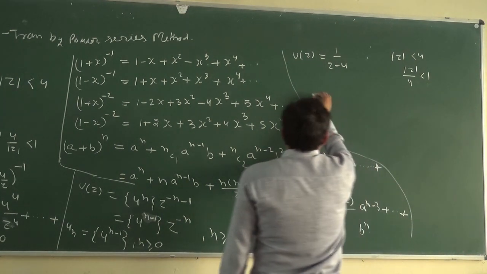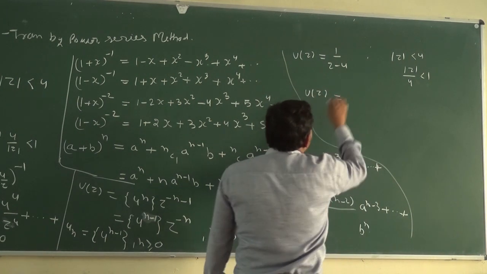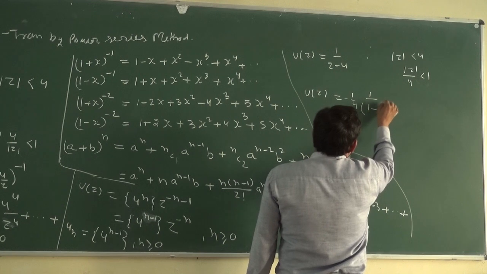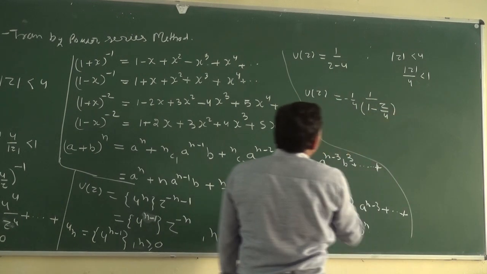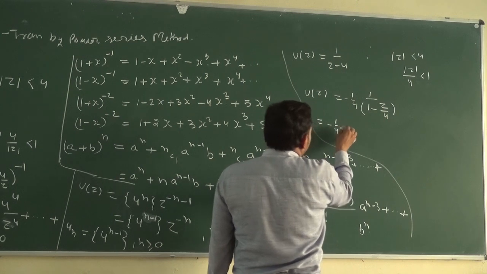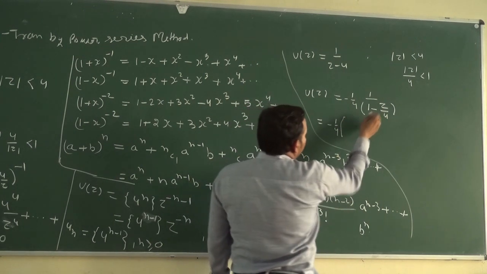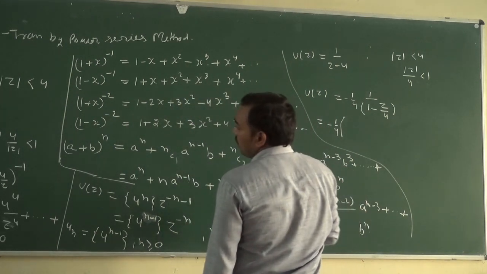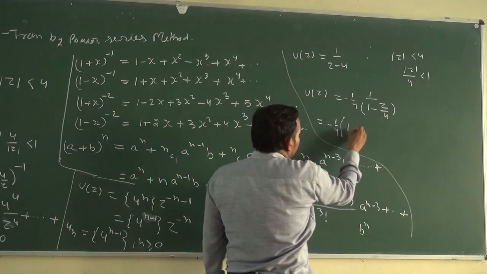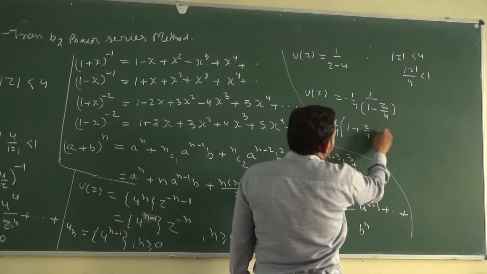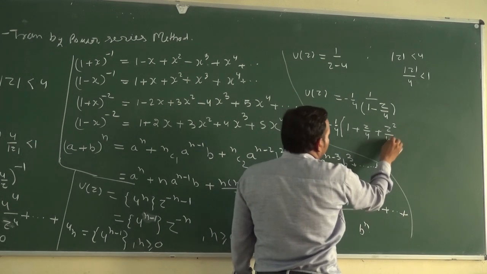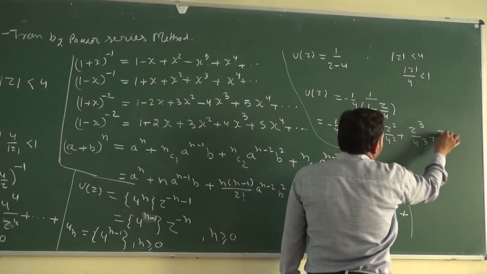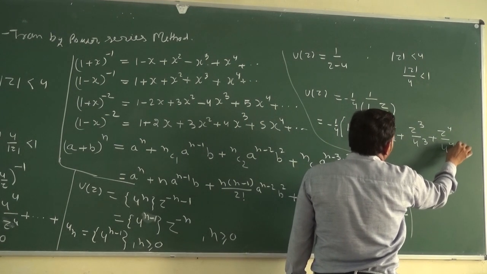So U of z expands as: take minus 1 upon 4 as common, so you can write 1 minus z upon 4, and expand using the formula: 1 plus z upon 4 plus z square upon 4 square plus z cube upon 4 cube plus z4 upon 4 to the power 4 and so on.